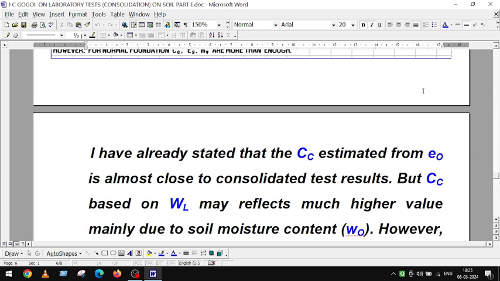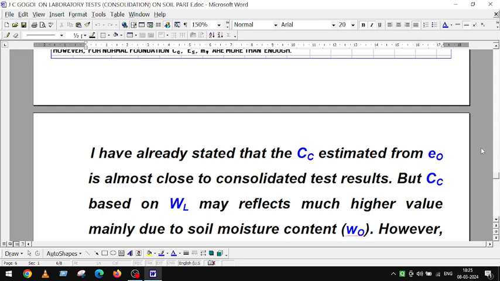For settlement analysis, what we need, I have already stated, is the CC value, the compression index.